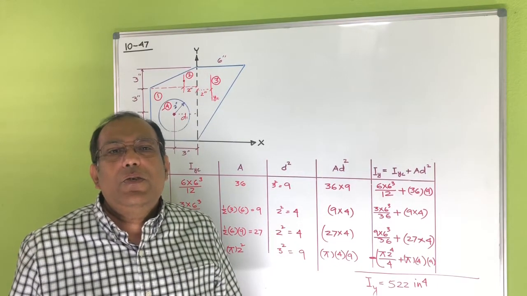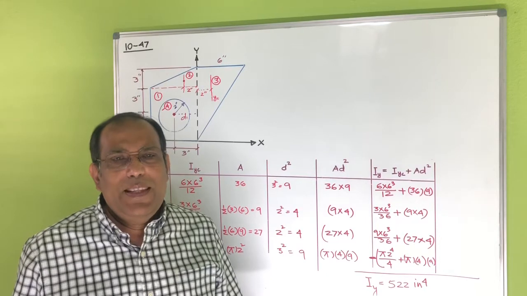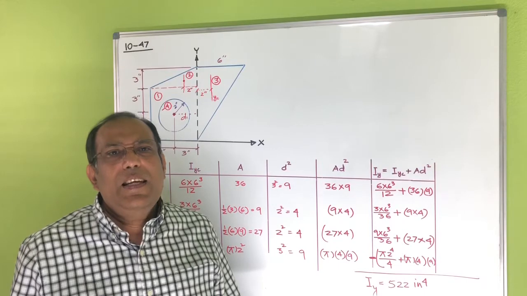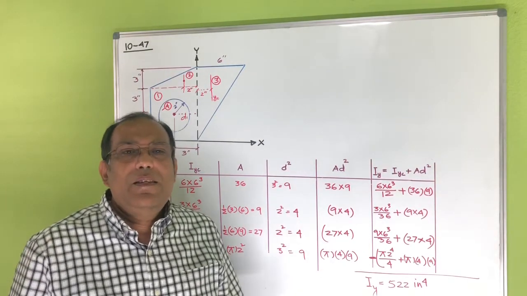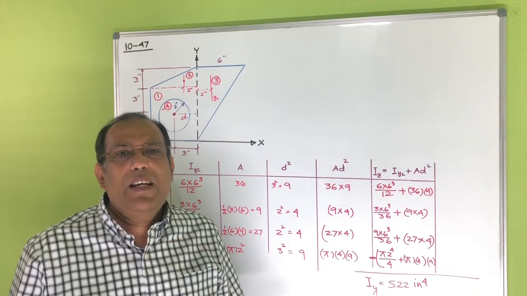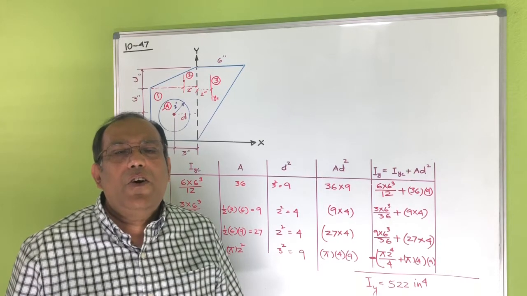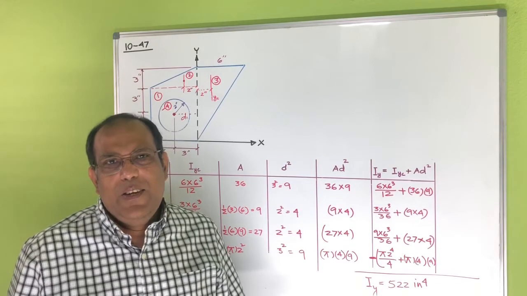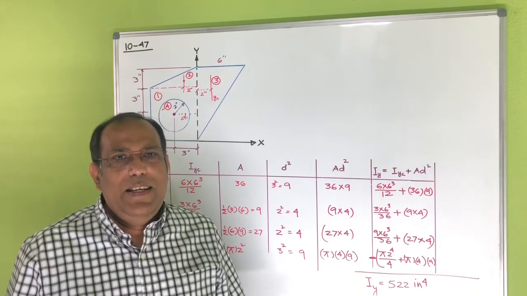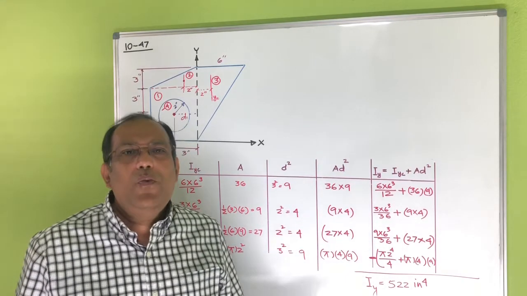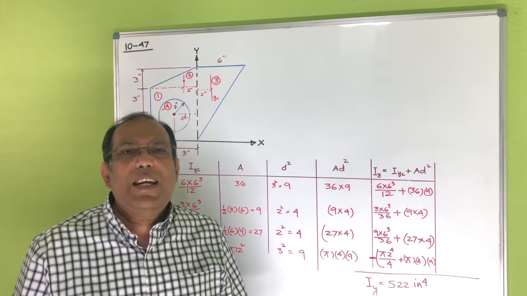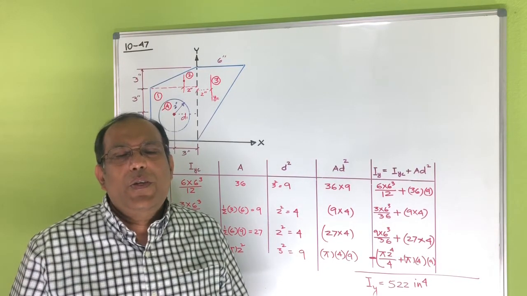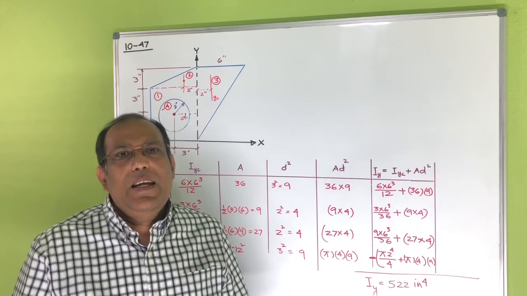You always have to remember that the centroid of any rectangle is at the middle, at the center of the rectangle, and for a triangle it's 2/3 from the apex and 1/3 from the base, of the height. And you already know that the center of a circle is just the center, okay? So you have to be very careful with that. Now let's move forward.